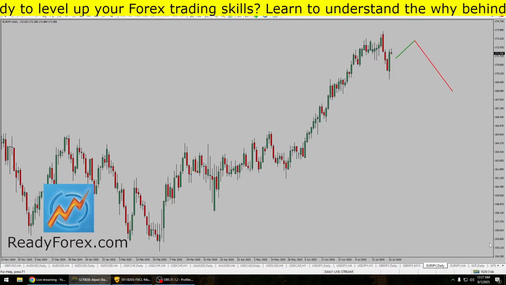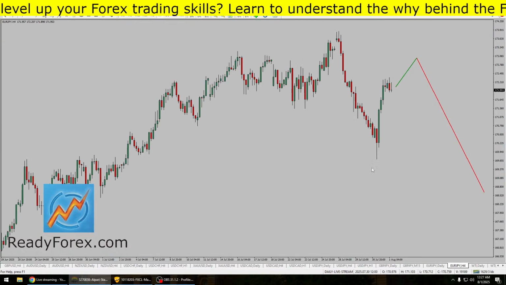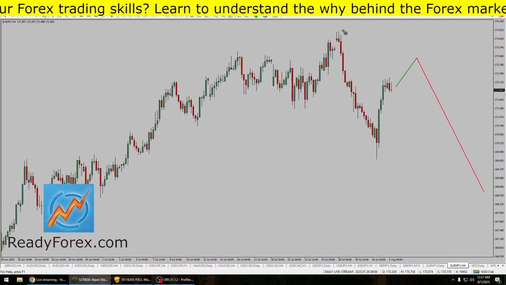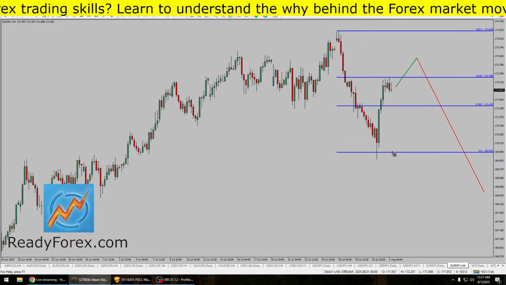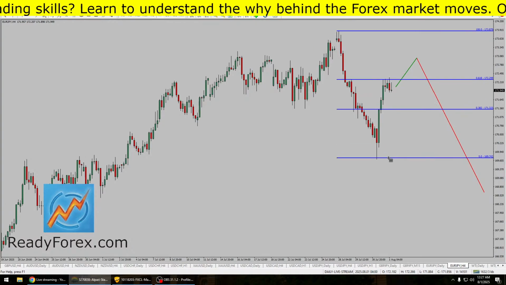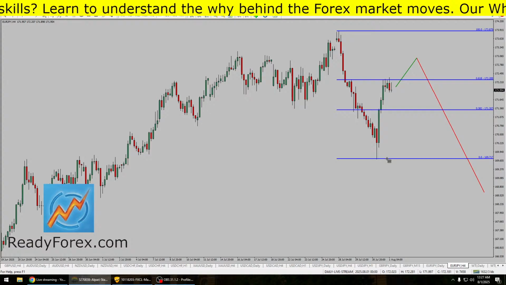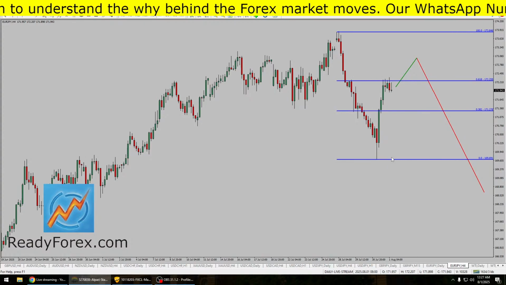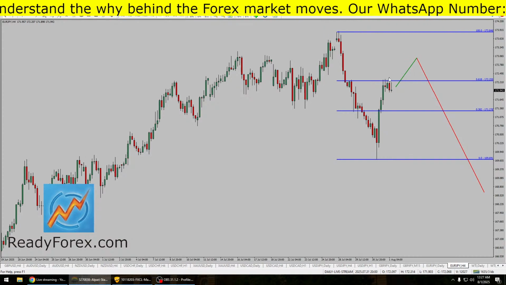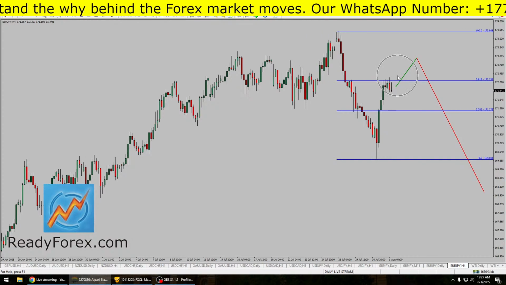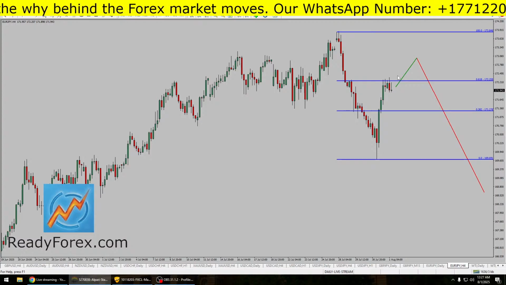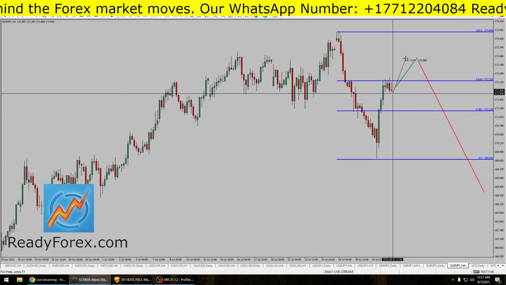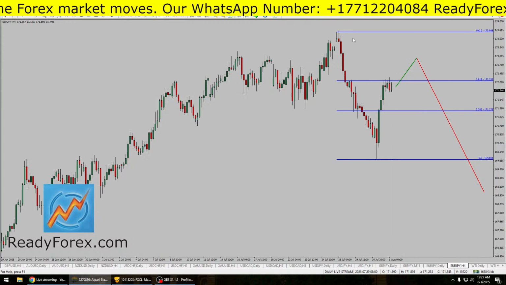Next, let us take a look at the 4-hour time frame. Same story. We can also use Fibonacci retracement levels, and let's see where the market is currently hitting. Right now price action is finding resistance around the 0.618 resistance level, so it might try to rise up a little bit more over here.